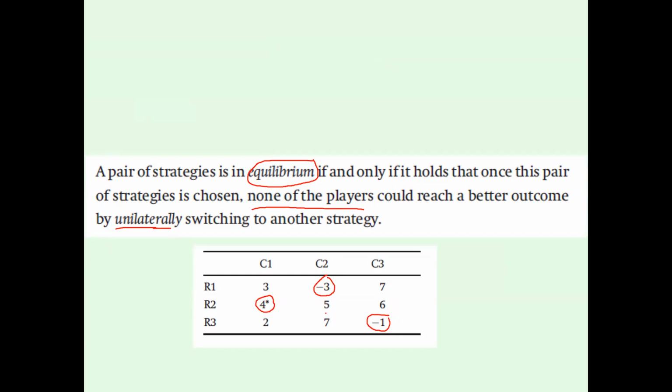So if you switch unilaterally, you will not get a better outcome. That is what equilibrium means. This is of course assuming that the players are smart.